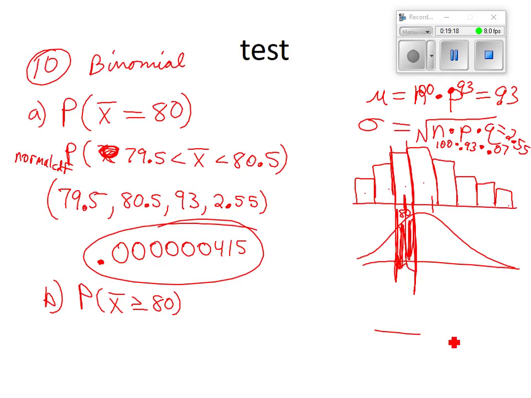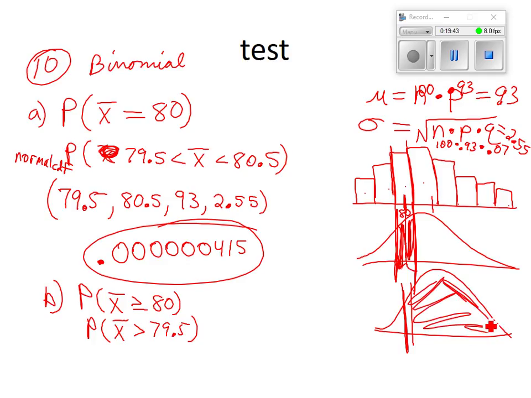On this same normal curve, instead of starting right at 80, we want everything 80 and over. So we're actually going to have to go down here and start at what? We're going to tell the calculator, we want everything from 79.5 and up.